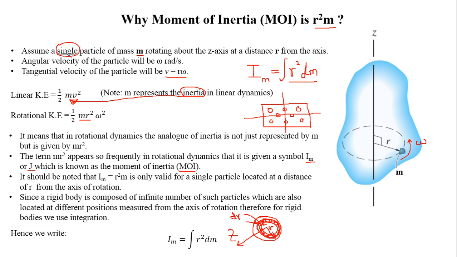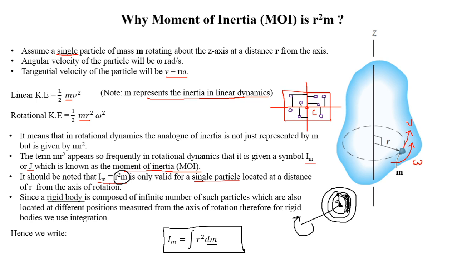So when this condition is satisfied, we can use this formula, integral r square dm, because when this formula, this mr square, was established, we saw that this r was actually fixed.